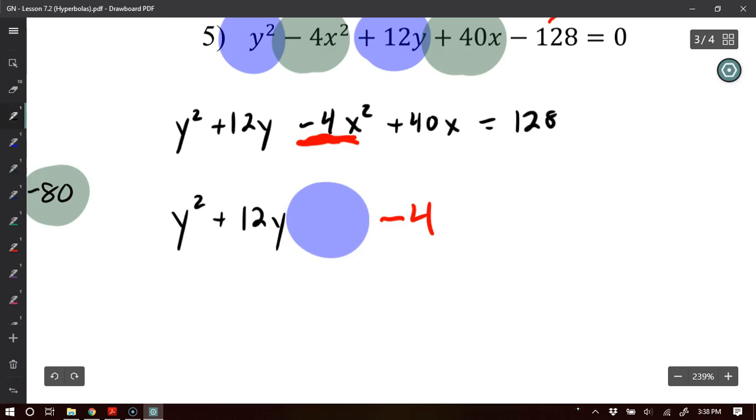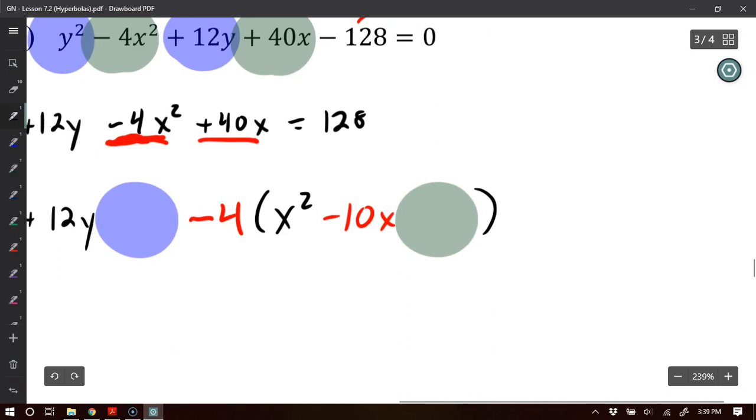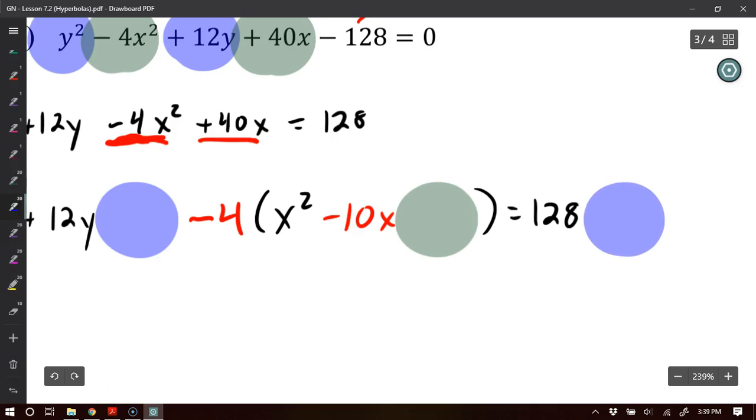But when I factor out that negative 4, it's going to affect the first term and make it positive, but it's also going to affect the second term. It's going to make it the opposite. That's going to make it a negative 10x. I'm going to have a placeholder there for when I complete the square. And it's going to equal the 128. And I need my two placeholders to keep the equation balanced. I need that blue one for the y term, and I need that green one for the x term.